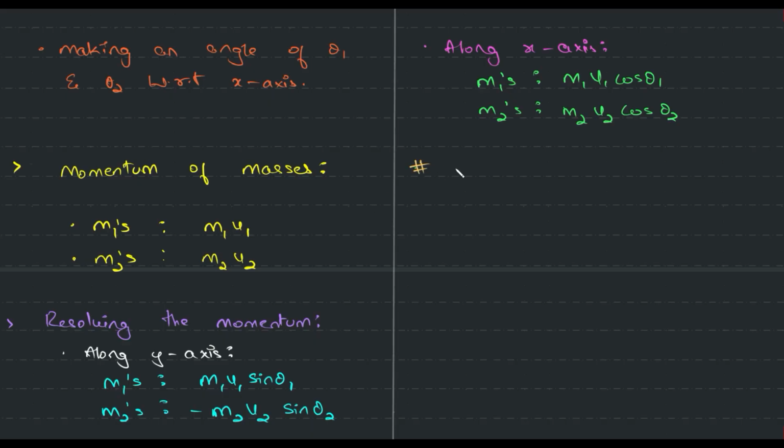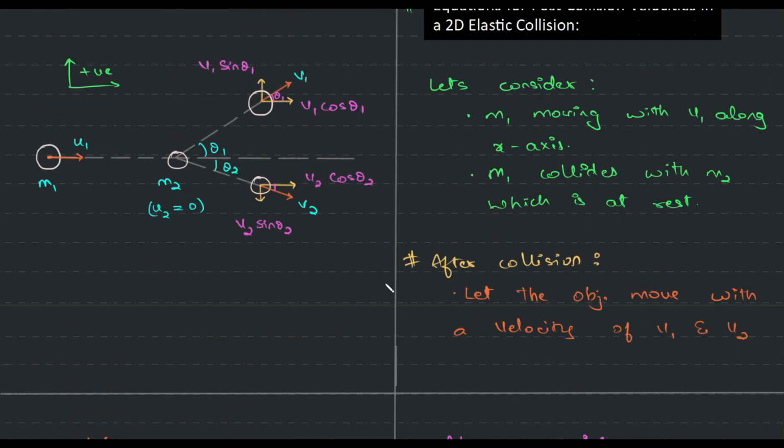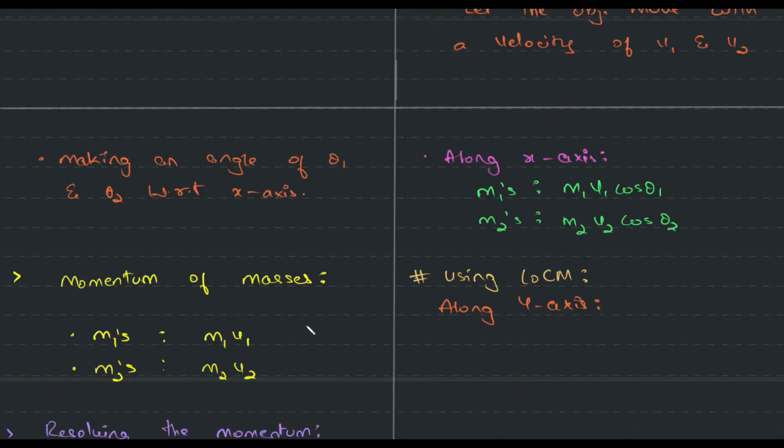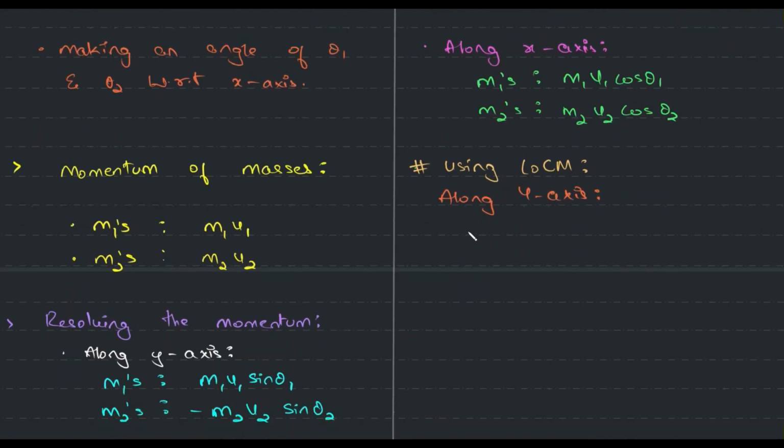Now we'll make use of the law of conservation of momentum. We can apply it along the y-axis. So along the y-axis, what was the initial momentum? Nothing. Both m1 and m2 had 0 momentum along the y-axis initially. So initially we had m1 times 0 plus m2 times 0, no momentum.